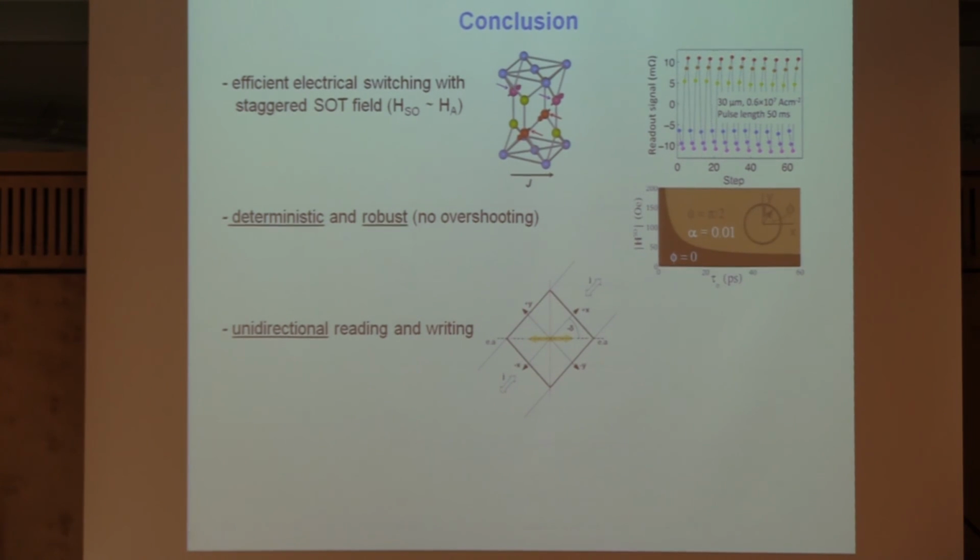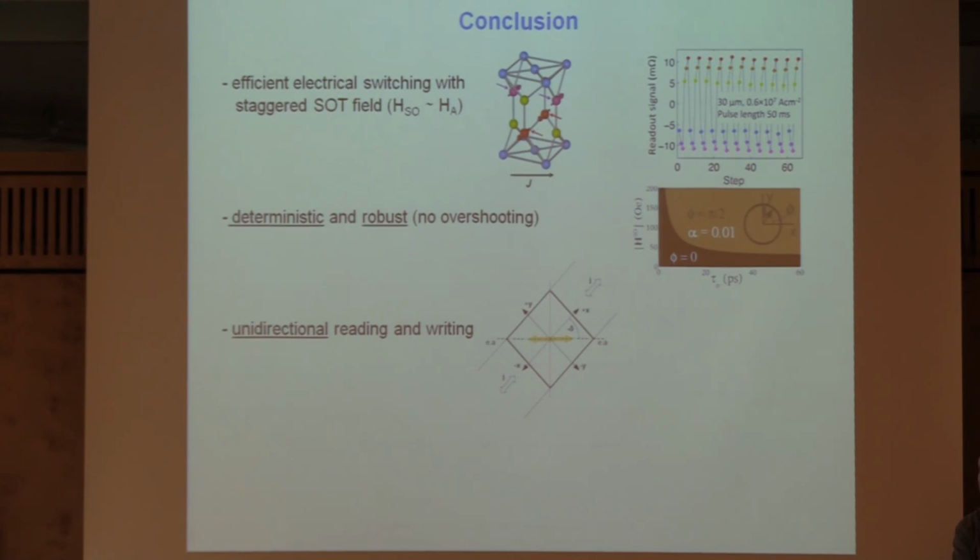Now after switching, you can use, for example, a small reading pulse, and you will see for one direction, you rotate your L vector towards the perpendicular direction, which gives rise to an increase of the anisotropic magnetoresistance effect, or in the opposite current direction it would go the other way.